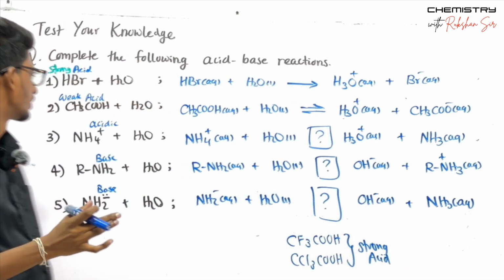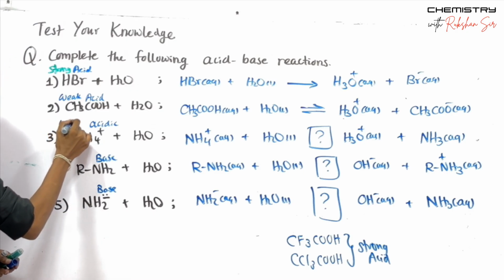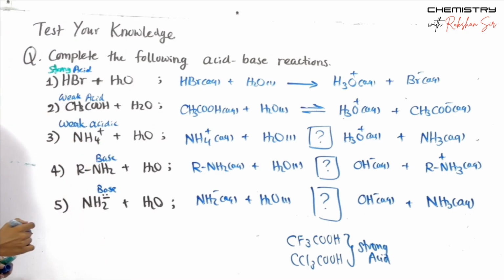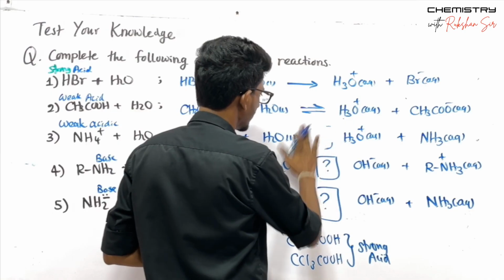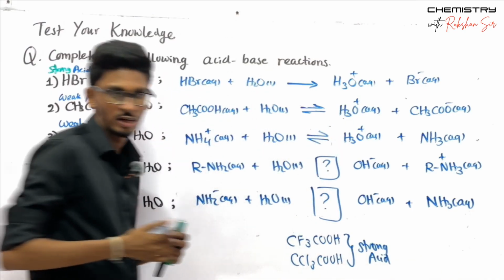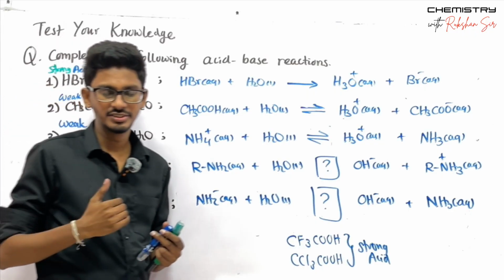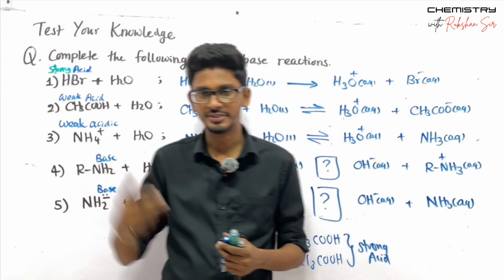It's just an acid, right? So the strong acids are HCl, HBr, HI, HNO3, H2SO4, HClO4.